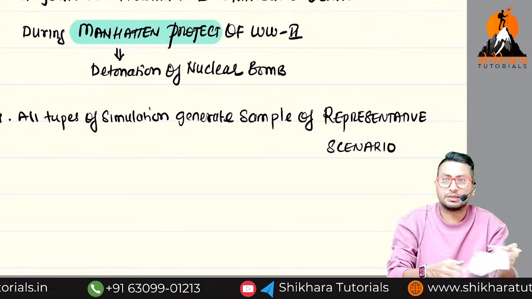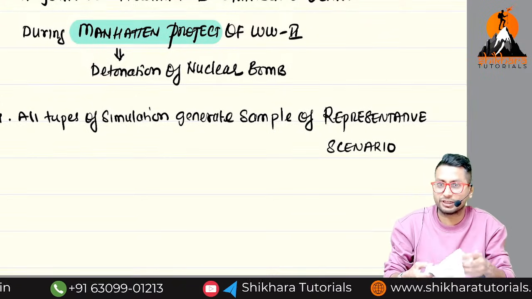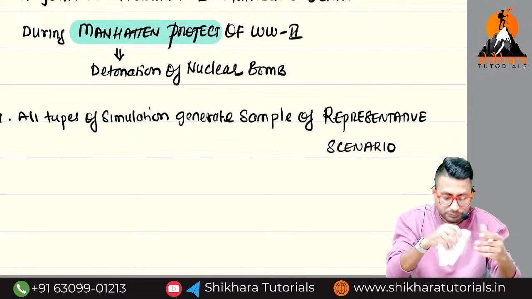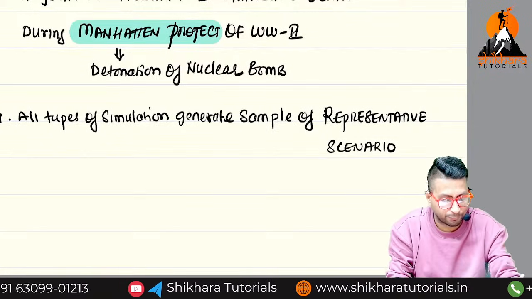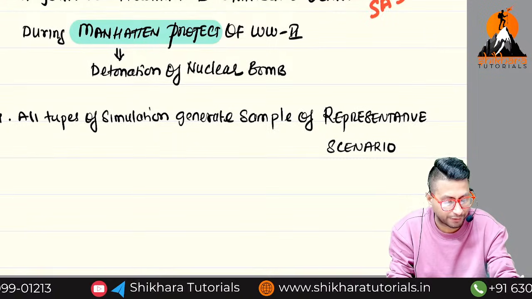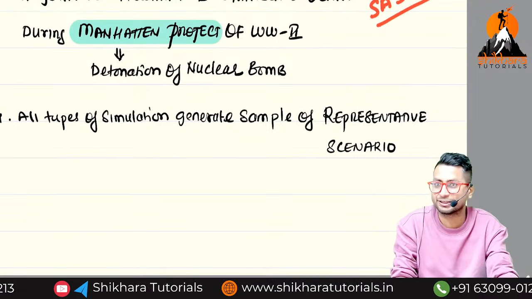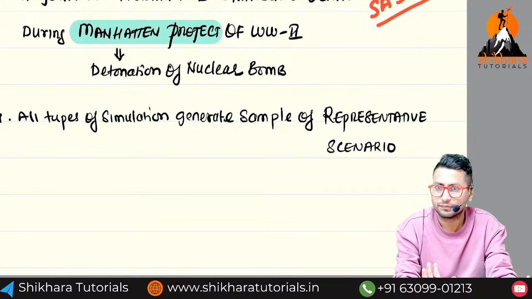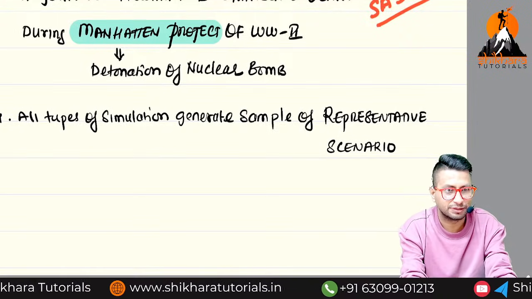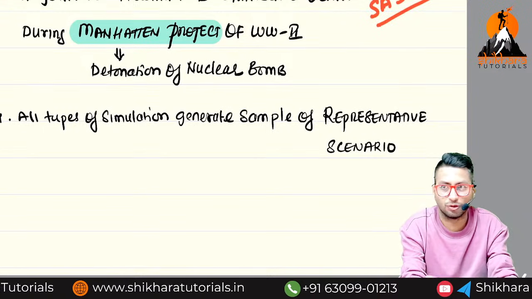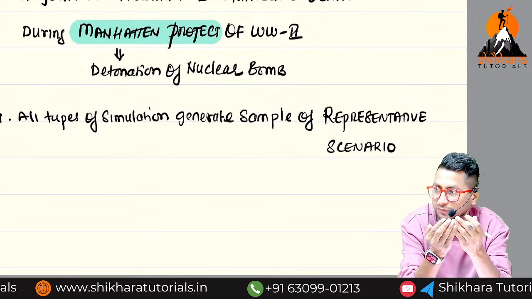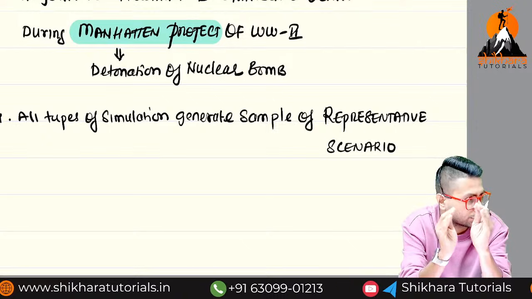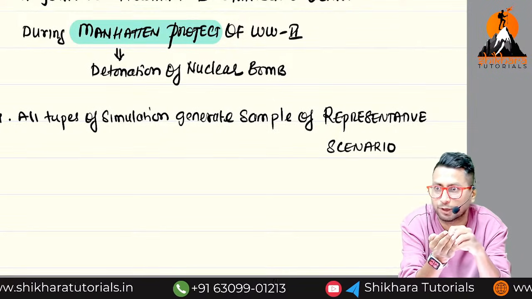In CMA Inter, auditing standards were there, right? In auditing standards, there was one standard, SA 530. What is SA 530? Name at least you tell. Do you remember or should I tell? Audit sampling, right? So in auditing, what do we do? We take the entire population of data for auditing or only a sample of data?